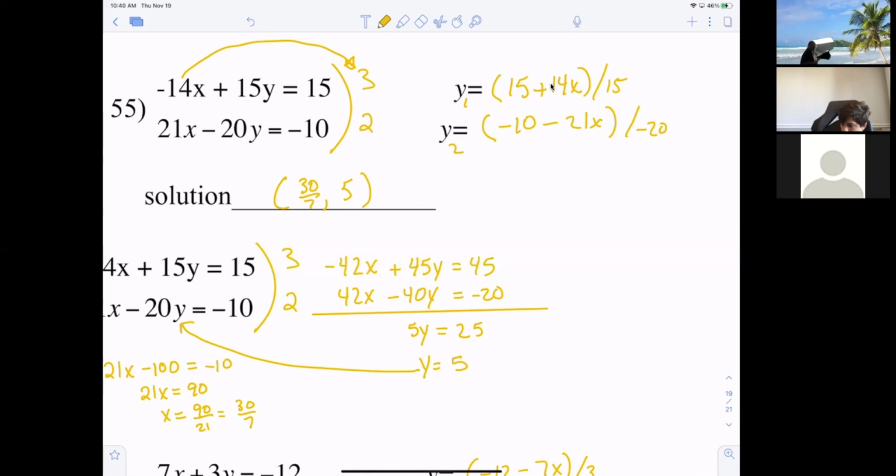Alden, did you type in parentheses 15 plus 4x, close parentheses, divided by 15, and then for the second one, negative 10 minus 21x divided by negative 20? You said 4x. You have that up there, right, Alden? The exact thing.